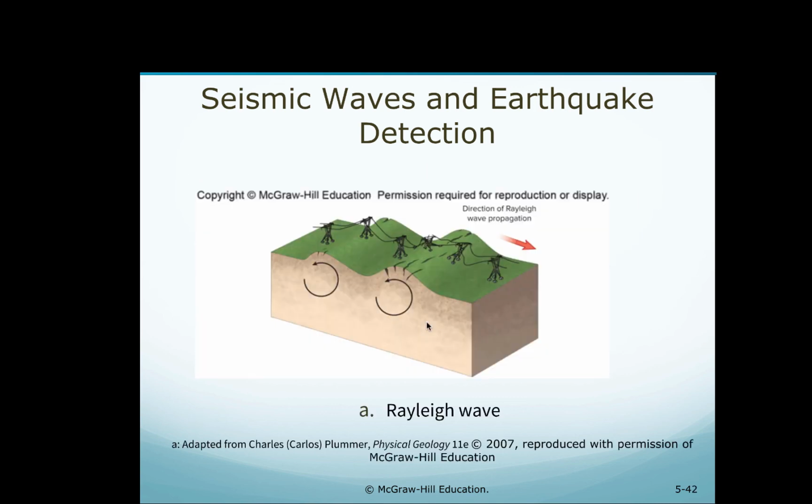The seismic waves and earthquake detection. You can see these are transmission lines. These are not the types of telephone poles that I was looking at. I was looking at regular distribution lines, the wooden ones. This is a Rayleigh wave.